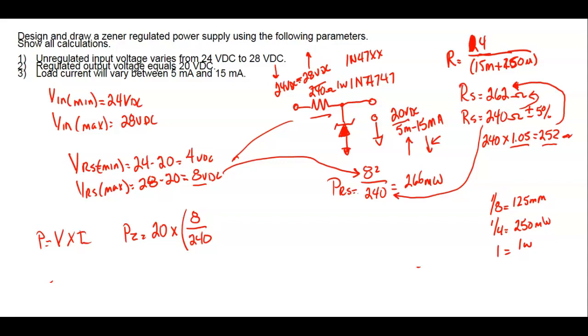And then I'm going to subtract whatever current flows through the load. When my load current goes down, my Zener current goes up. When my load current goes up, Zener current goes down. So I'm going to subtract the minimum load current, because that's when the current flow through the Zener is going to be maximum.